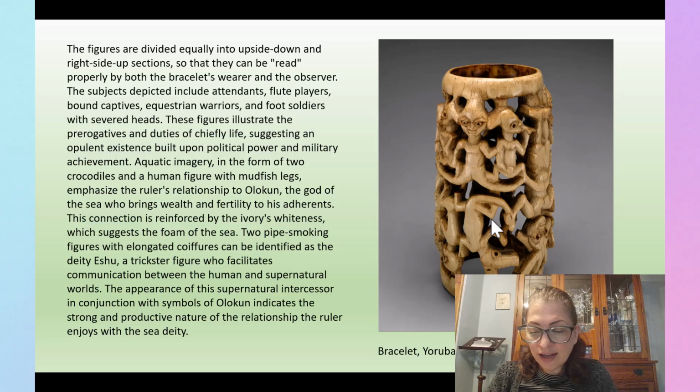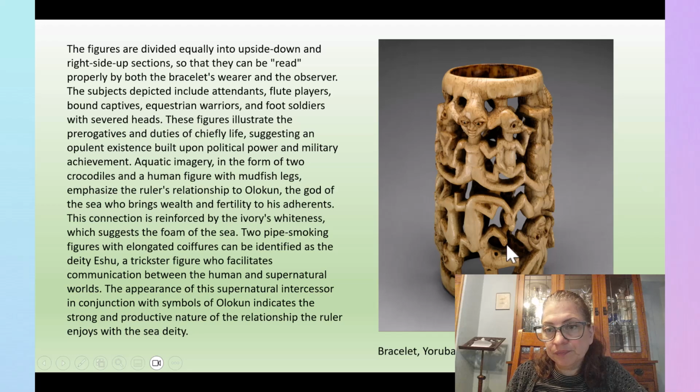It has crocodiles. And then it has this very interesting figure in the middle here that has this split tail kind of thing. This is to represent a mudfish. And this figure represents the god of the sea, who brings wealth and fertility.